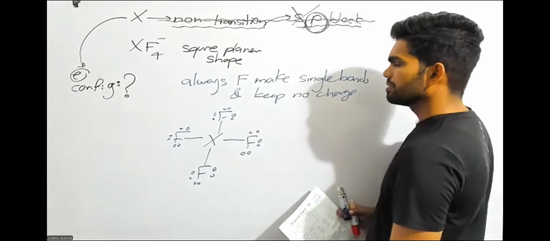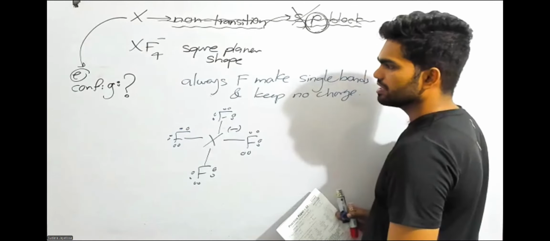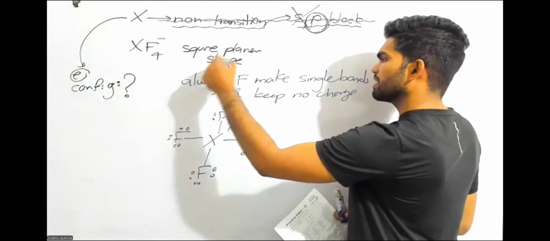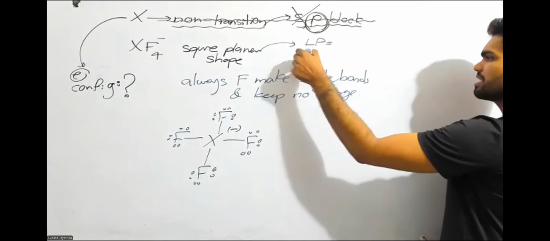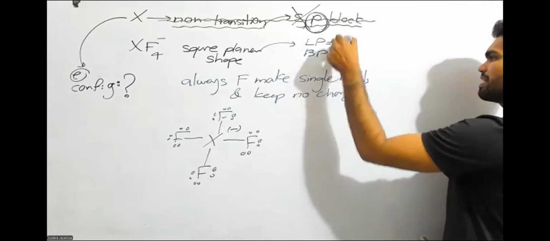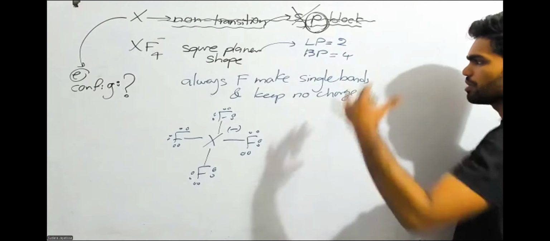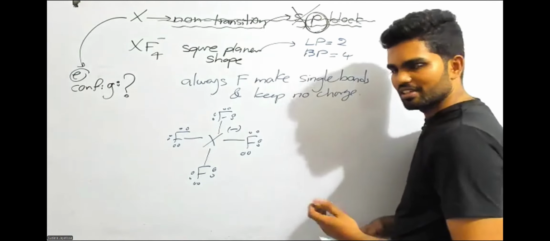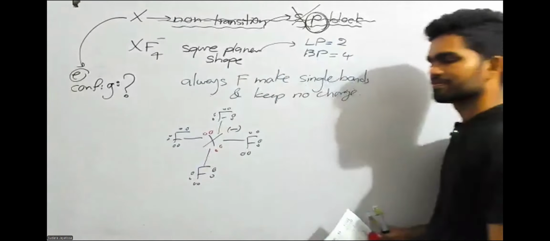Now, this negative charge must be on the X atom. And if it is to be square planar, you can understand how many lone pairs and bond pairs there will be: 4 bond pairs and 2 lone pairs. That's how it becomes square planar. So around X you have to have 2 lone pairs.